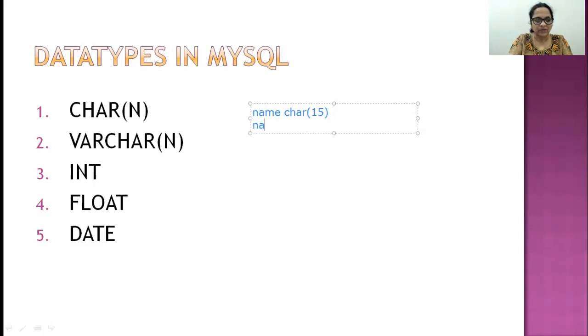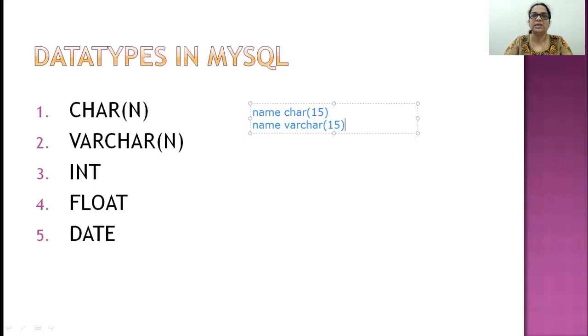Then what happens if I write name varchar(15)? This would also mean name is a string and it consists of up to 15 characters. Then what is the major difference between char and varchar? We say char is a fixed length data type, whereas varchar is a variable length data type.